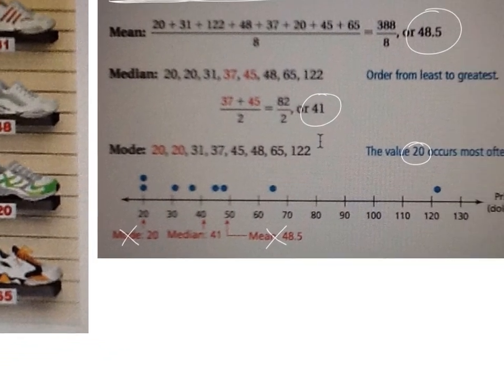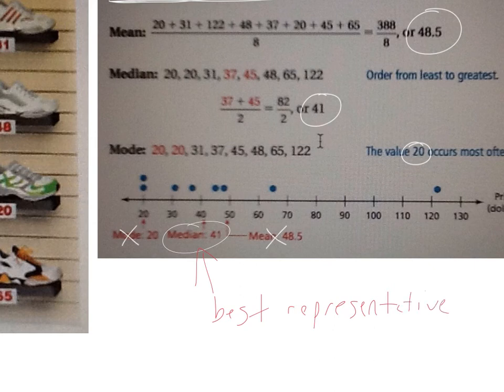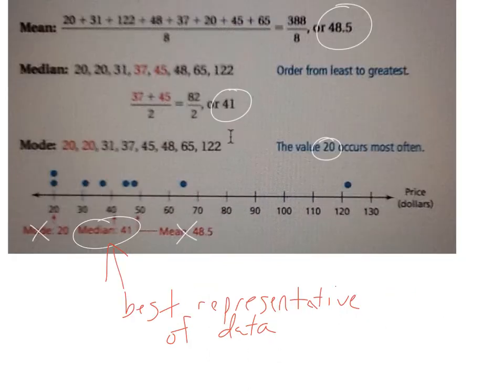Okay, so I've got 1, 2, 3, 4 prices that are lower than the median of 41, and 1, 2, 3, 4 prices that are greater than that. So I would say the median is the best representative of the data. And again, why is that? Because it's most centralized compared to all of the pieces of data.